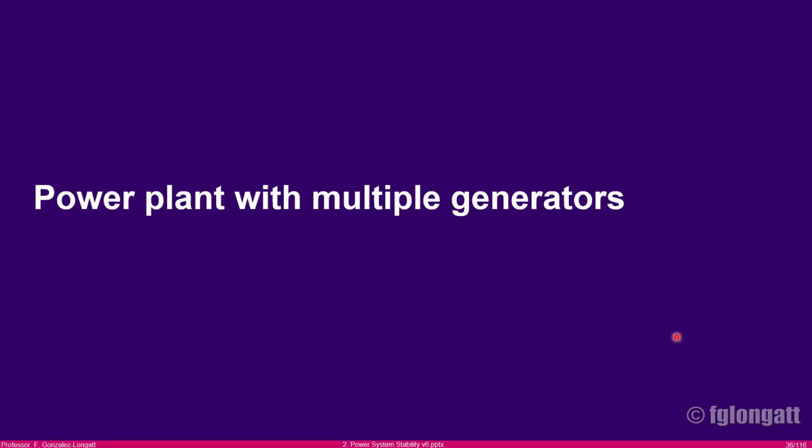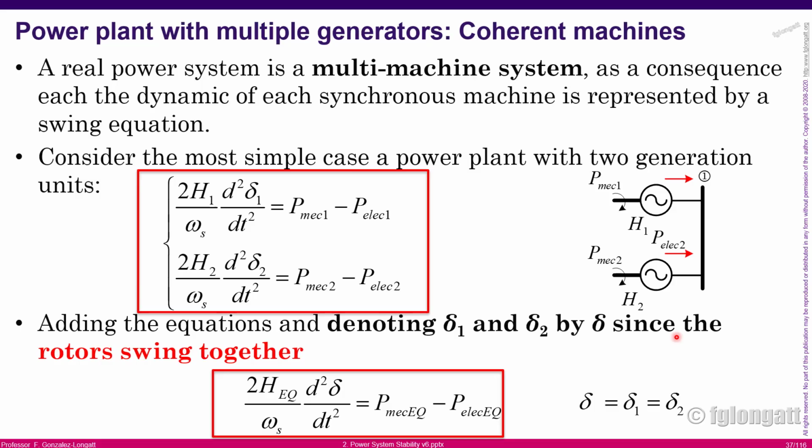What I will do now is go through some specific applications and specific cases of the use of the swing equation. Later I will tell you more about the reason, but when you have many generation units working together, each generation unit has a swing equation.